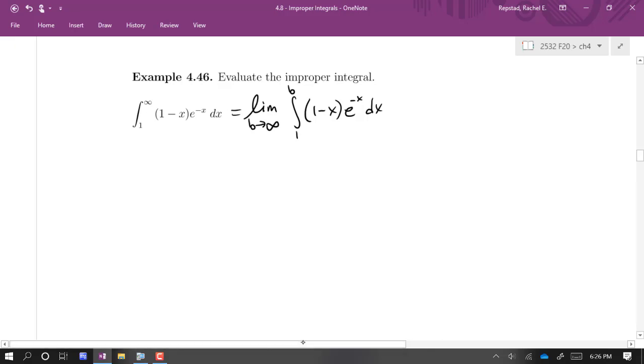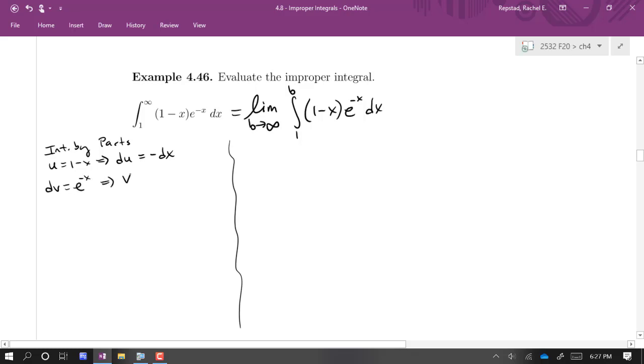So I'm going to do this on the side. I'm going to let u equal 1 minus x, so that du is equal to negative dx. I'm going to let dv equal e to the negative x, and that means that v is equal to negative e to the negative x.